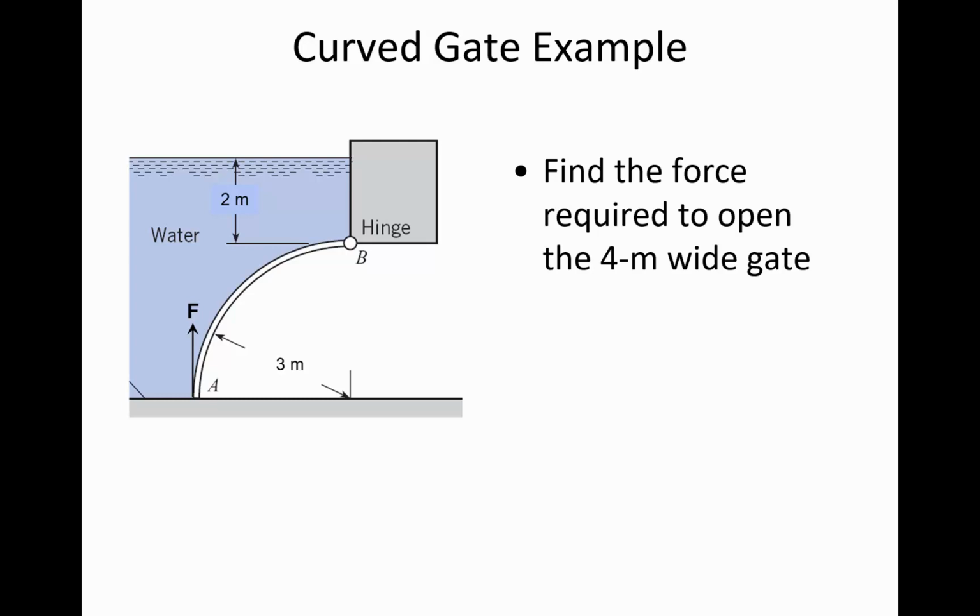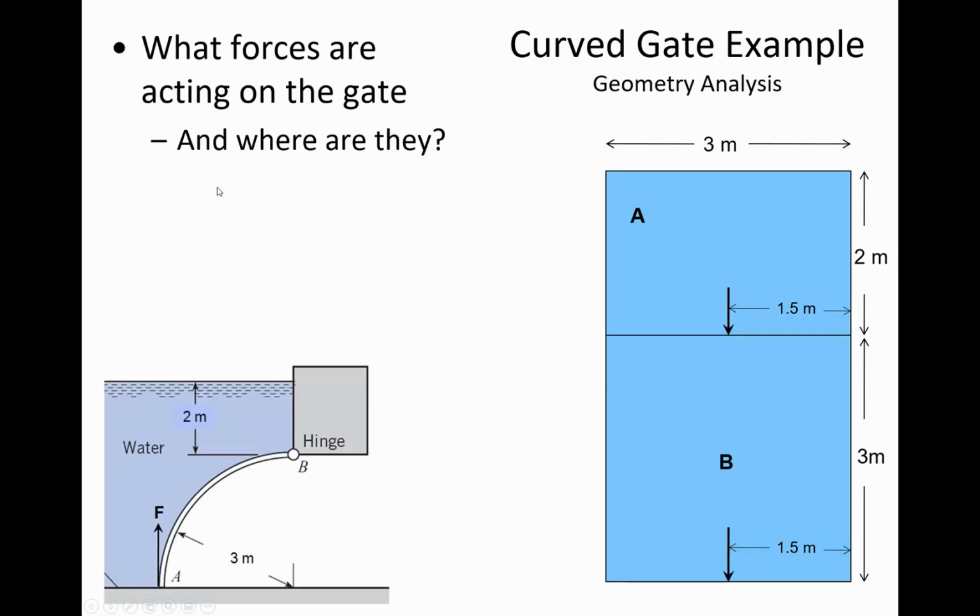For example, the statement says the gate is 4 meters wide. So above the gate there's a wedge shape, and then there's also a rectangular shape above that. Let me just show you. What I did was think of it like this.